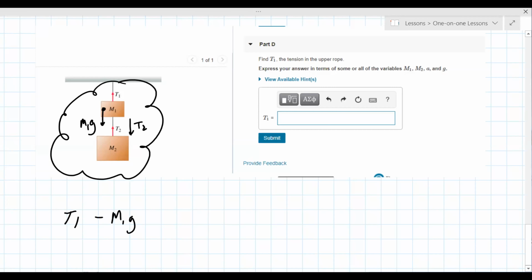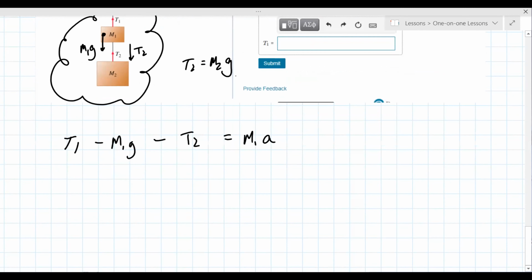T2 is pointing up from that one, but it's really pointing down from this one. So it's minus T2 equals the mass of this one times acceleration. But T2, we know, when we looked at this before, T2 equals M2G.